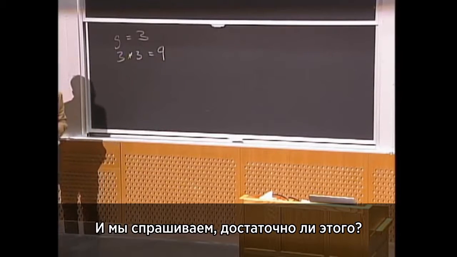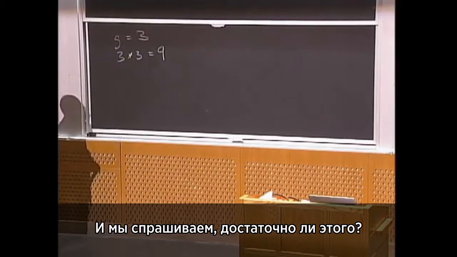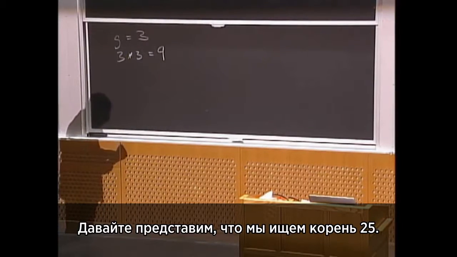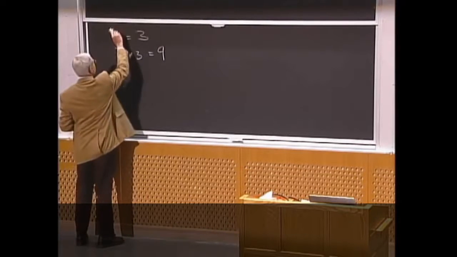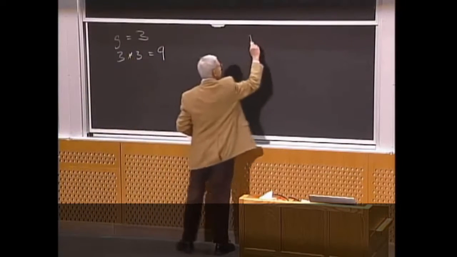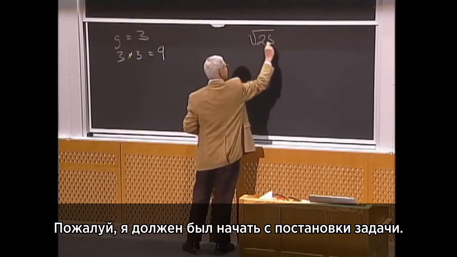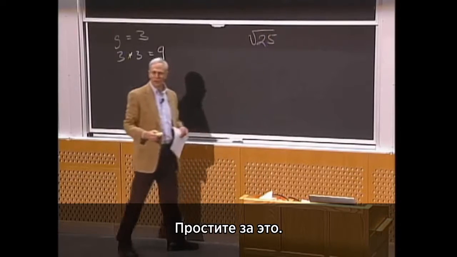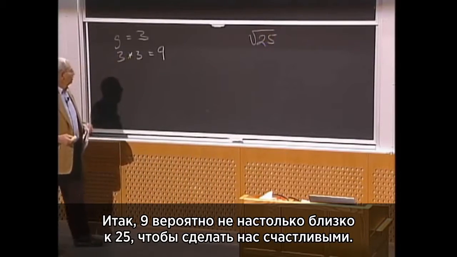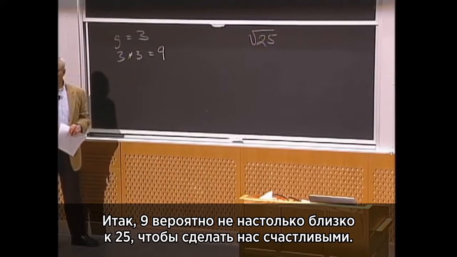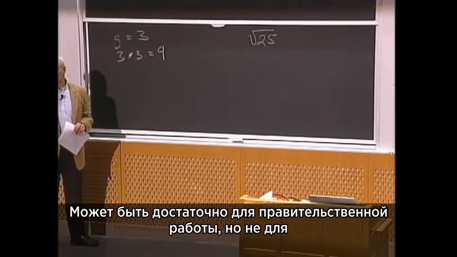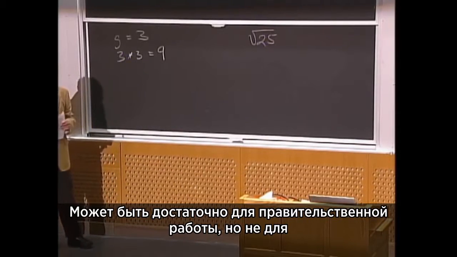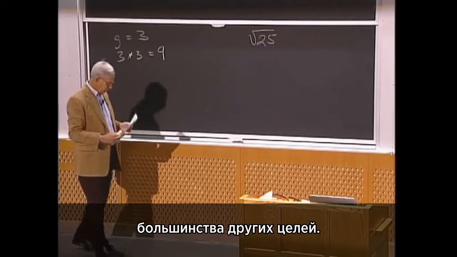Nine, and we say, is that good enough? Well, let's say we're looking for the root of 25. I guess I should have started with the problem statement. Sorry about that. Well, 9 is probably not close enough to 25 that we're happy. Maybe good enough for government work, but not for most other purposes.